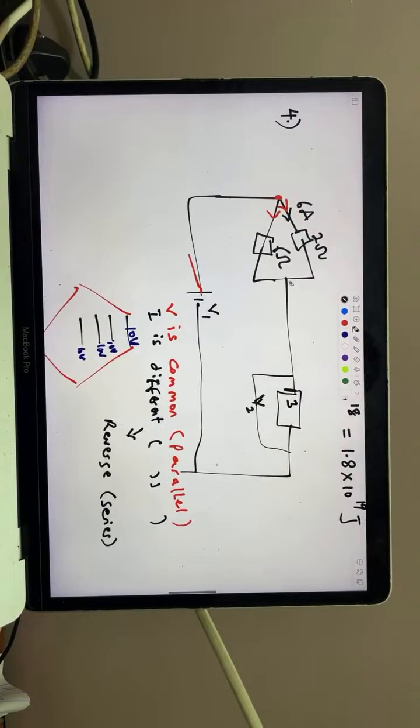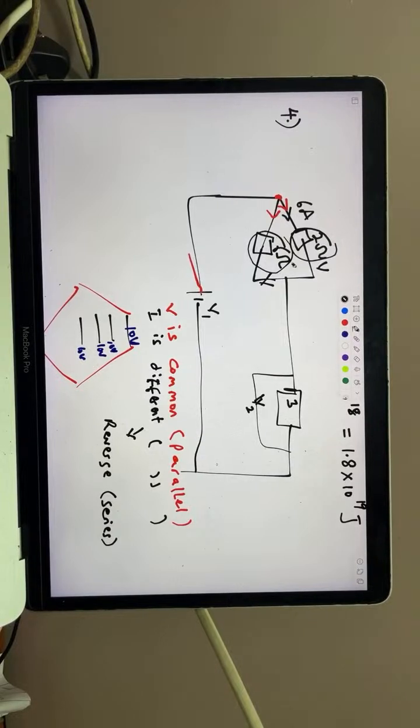I've established that the 2 ohms resistor and the 6 ohms resistor are both in parallel. Since they are in parallel, the only thing they have in common is voltage. So whatever voltage is entering here is the same voltage entering this place.